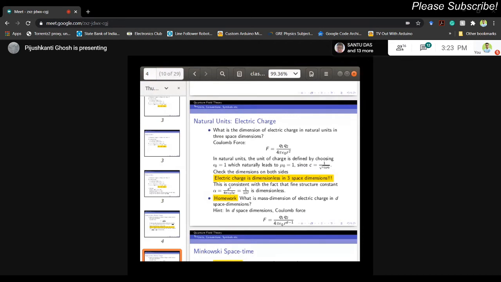So they took that if the curled up small dimensions are less than 1 millimeter, then we should not see any effect on this gravitational force, because we are not able to measure whether it's 1 by r square or 1 by r cube or 1 by r to the power 4, because we cannot measure below 1 millimeter. So that was their argument.